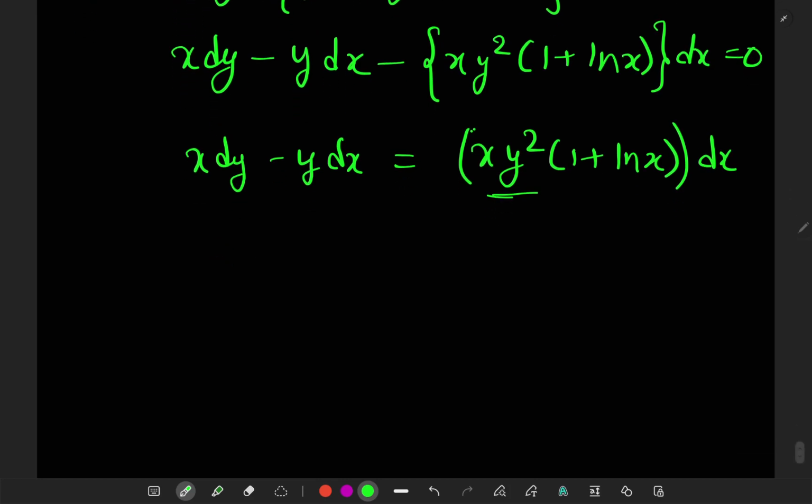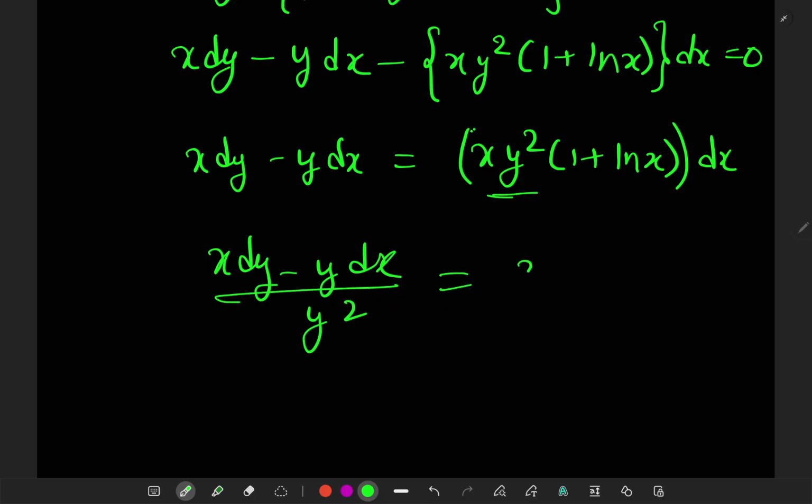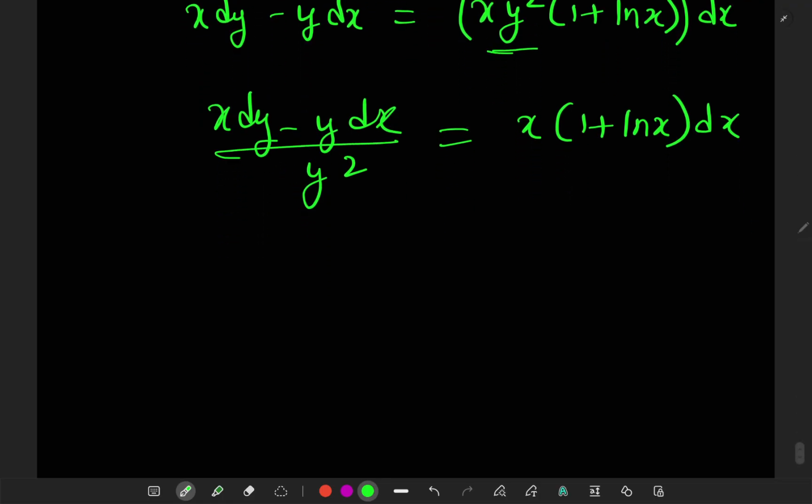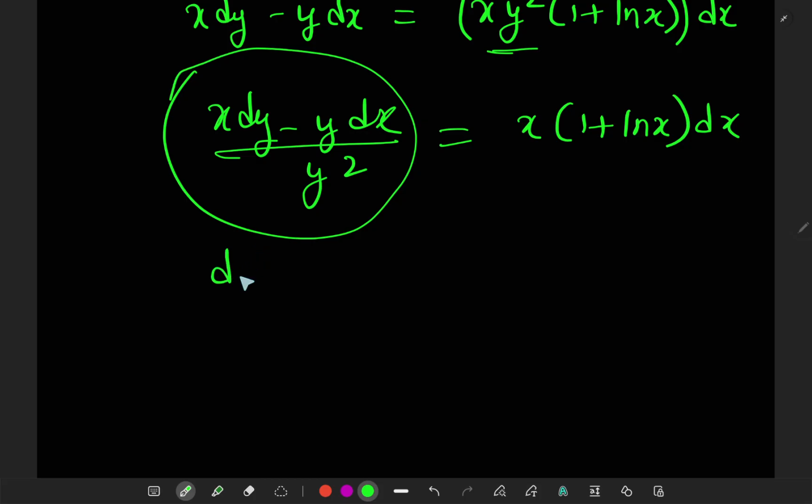Then if we take it here on the left hand side, we get this. Now here you can see this is like that, so we can write this as like this.